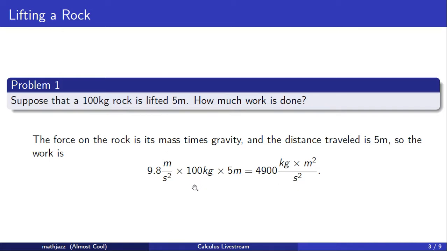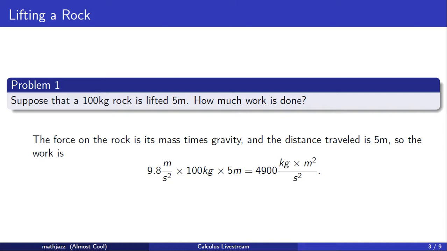But the problem will come with our calculus when we have either forces that change or distances that change. That sounds really odd. A rock either moves 5 meters or it doesn't. But with our rock, we can consider it a point mass, and we can move it around like a solid, rigid object.